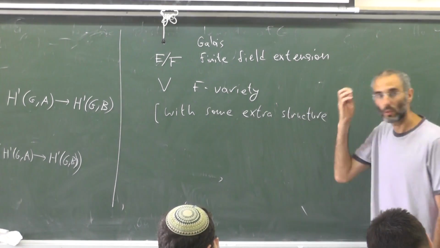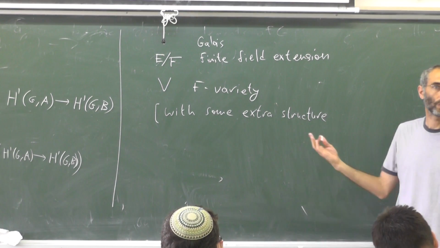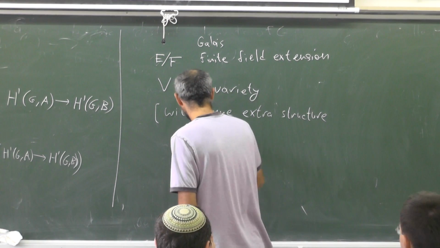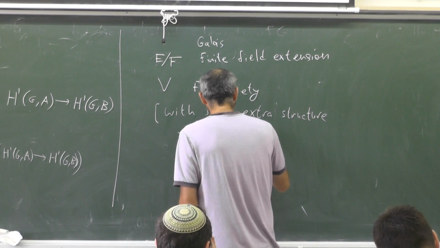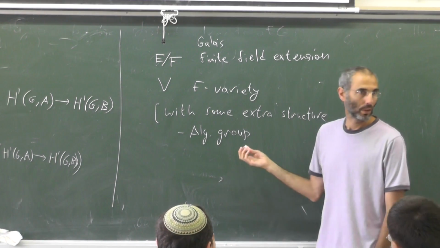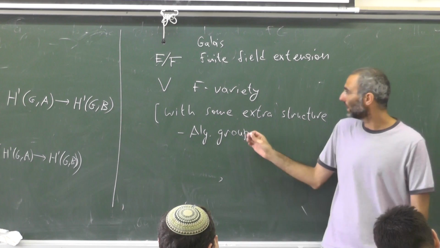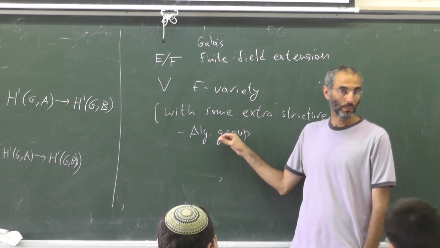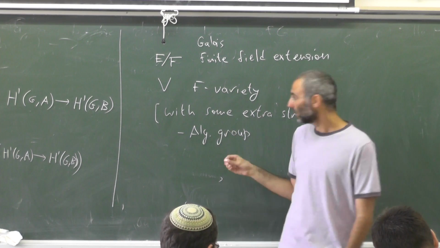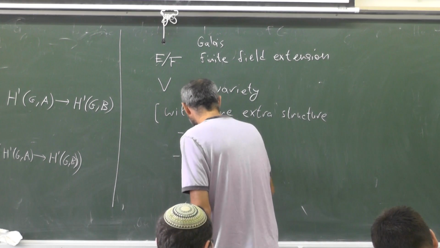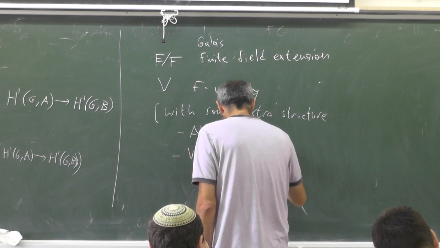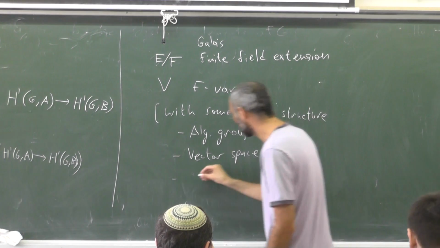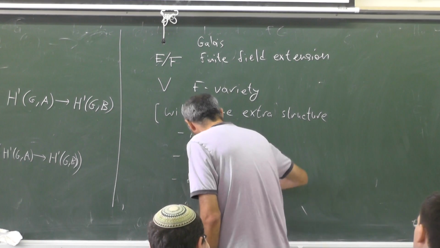For example, sometimes our varieties are endowed with a group structure, algebraic groups. Or maybe the variety is acted upon by some algebra. Maybe it has an additive group structure, and it is acted upon by a field. Maybe it is a vector space, for example. Maybe it's a five-dimensional algebra.